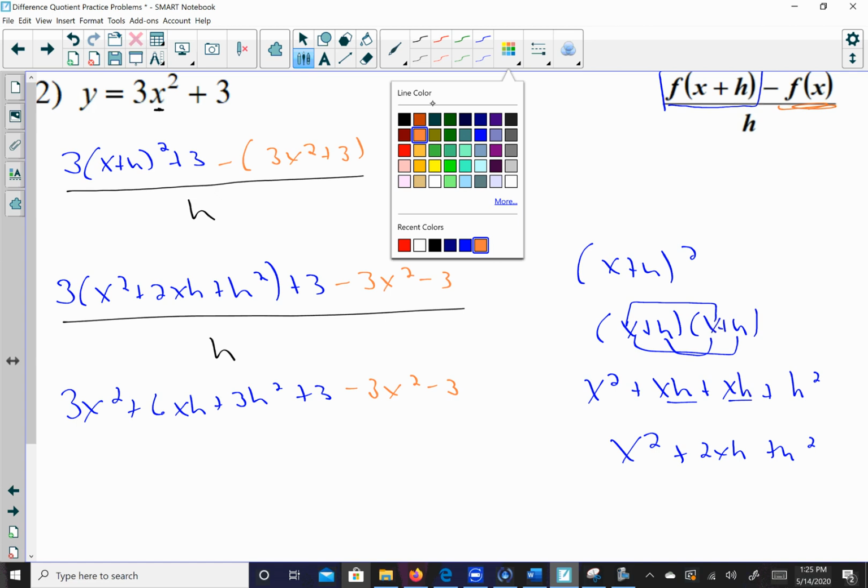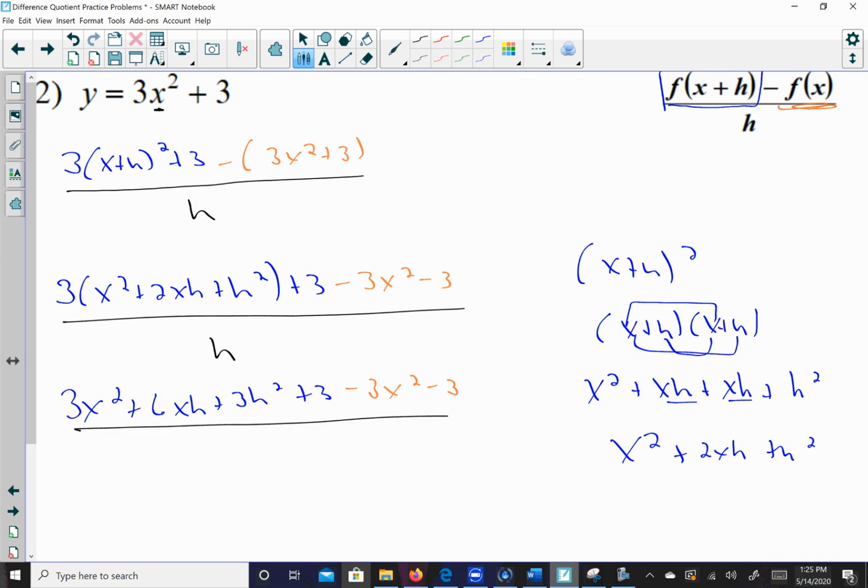Looking for terms that'll cancel. The positive 3x squared and the negative 3x squared will equal 0. The positive 3 and the negative 3 will equal 0. I'm left with 6xh plus 3h squared all over h.